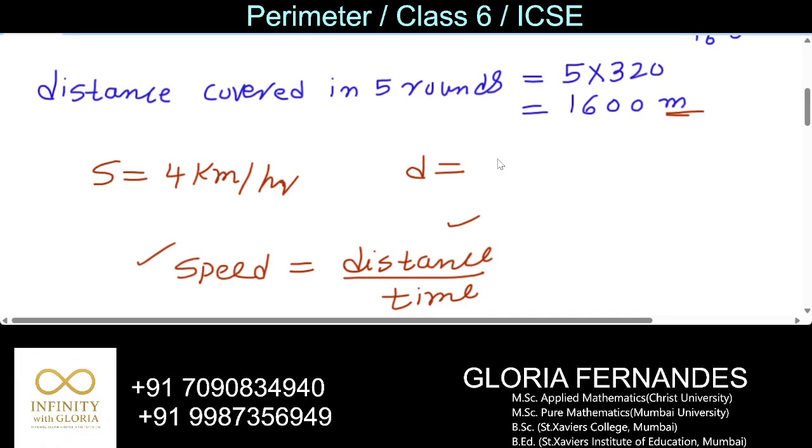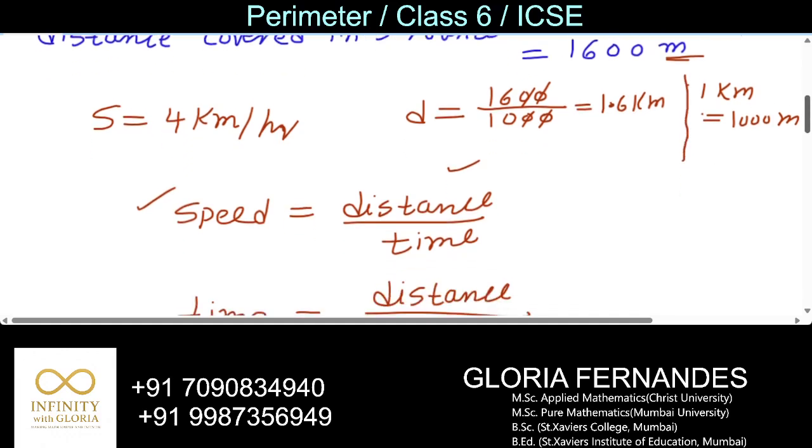In a previous problem, I have shown you how to convert meter into kilometer. So we know that 1 kilometer is equal to 1000 meter, right? So to convert meter into kilometer, we just divide by 1000. Two zeros get cancelled and this is going to be 1.6 kilometer.